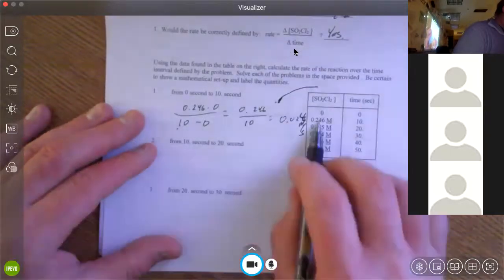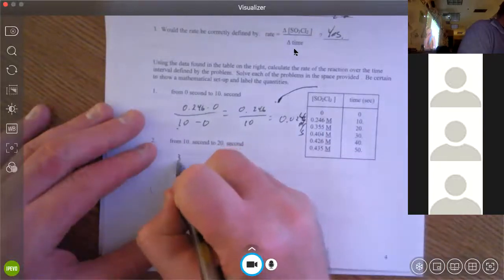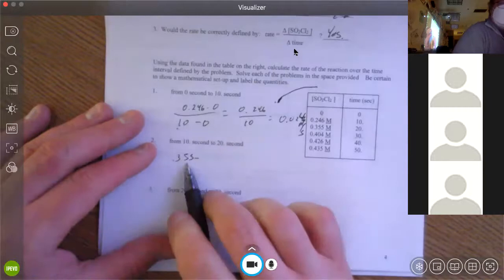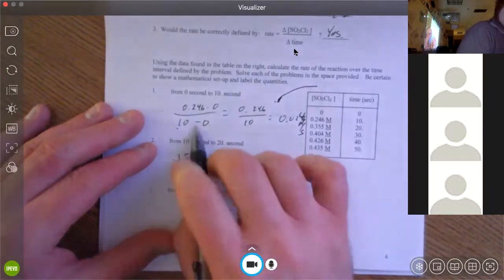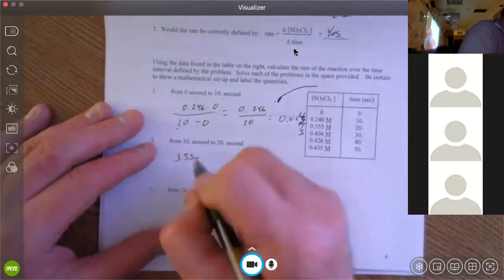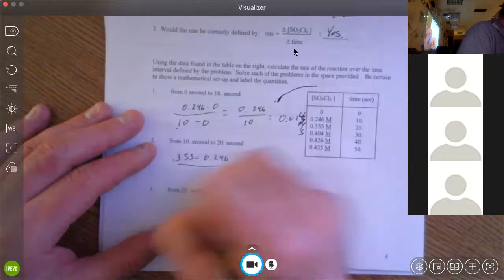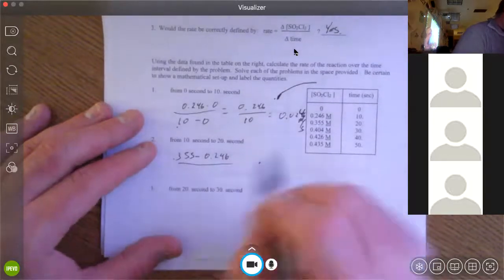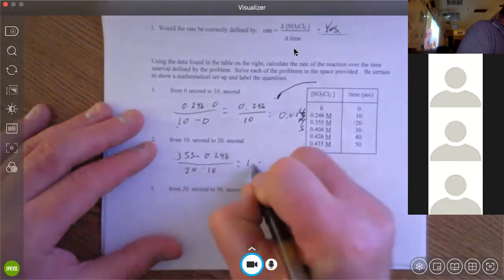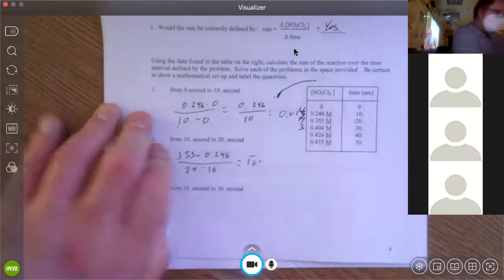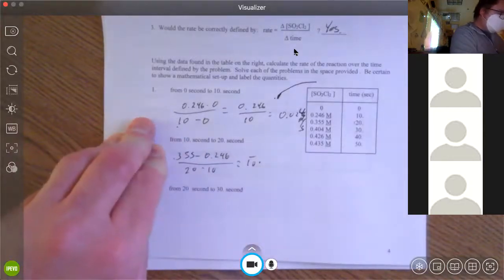So we want the next few seconds. 0.355, and you can see if we were doing reactants that this would become negative. But time would still be what? Time would still be positive, which means that the overall rate would be negative. 20 minus 10 is still 10, and then we have 0.355 minus 0.246.